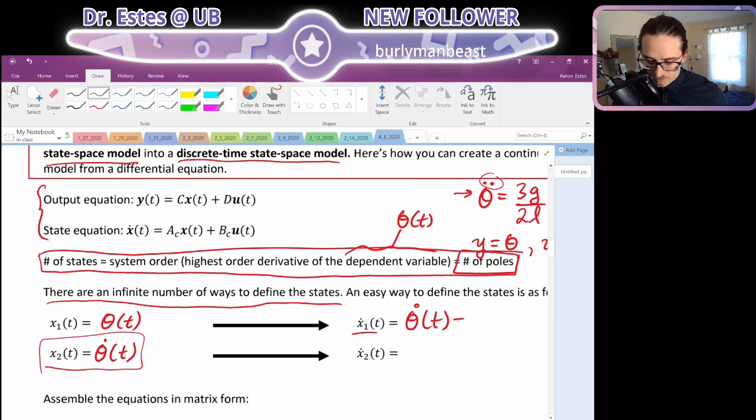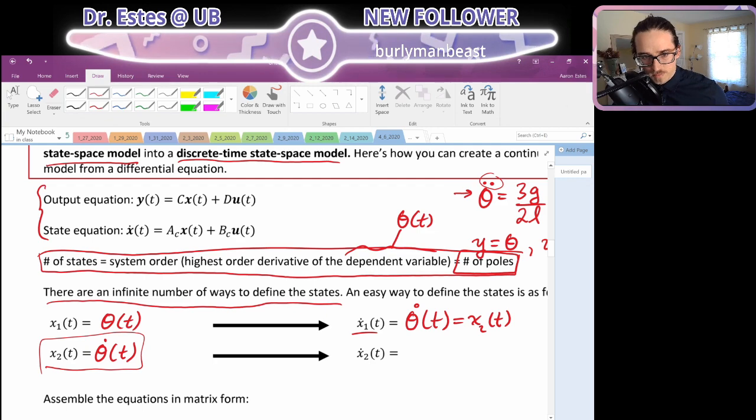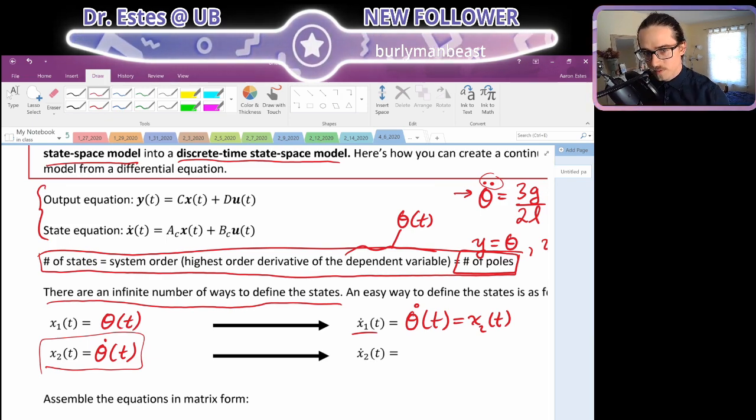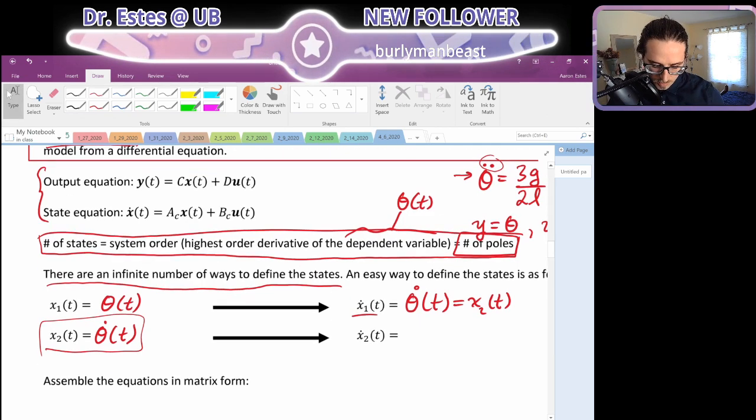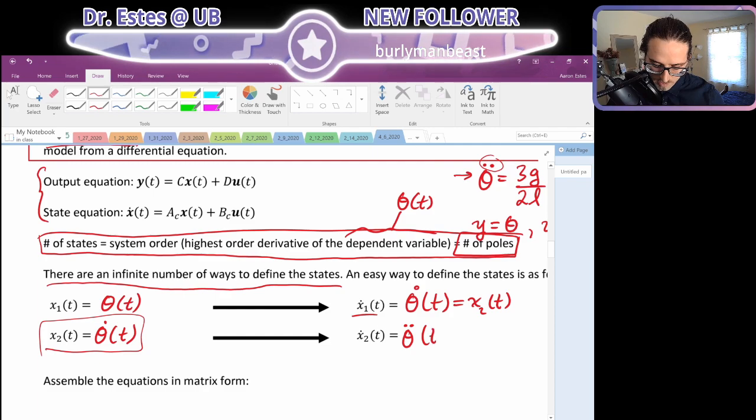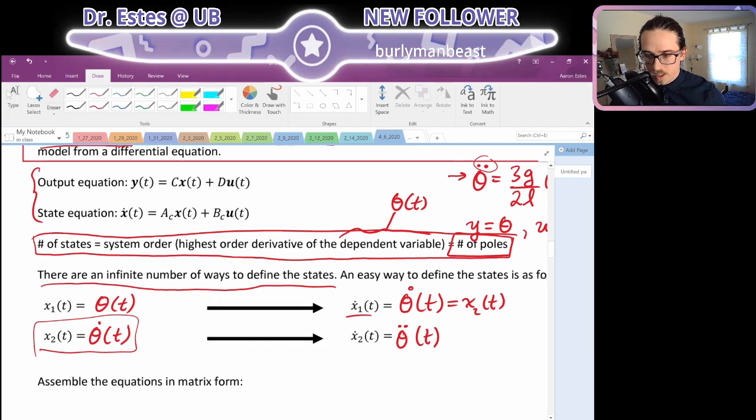So I'm going to say that this is equal to x2 of t. Because we're going to want to write these state equations in terms of the states we've defined. So, all right, x2 dot, that's equal to theta double dot of t, because I'm taking the time derivative of theta dot.